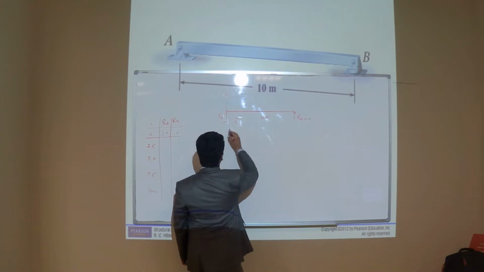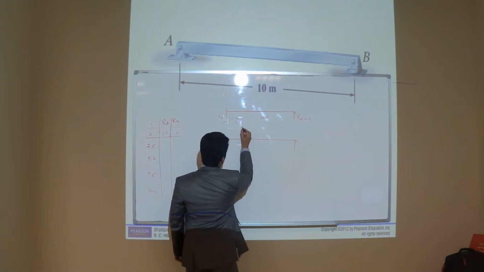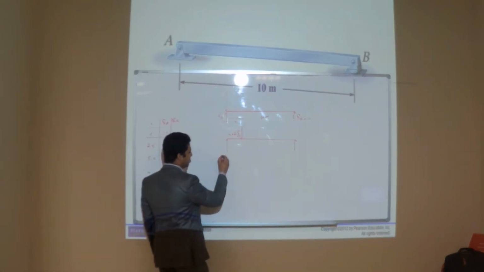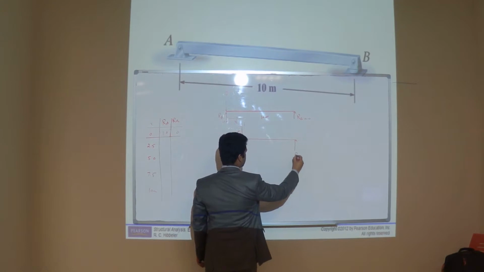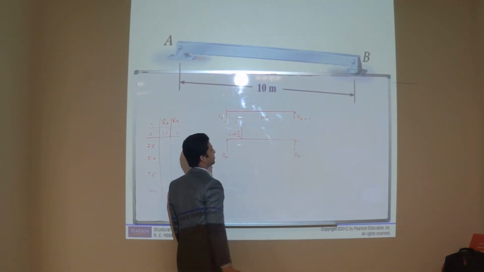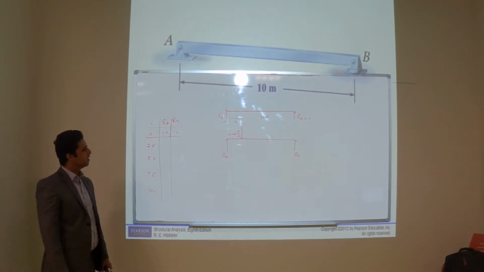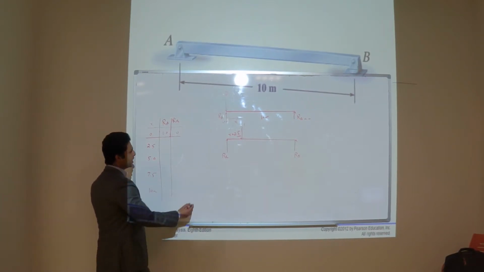In this case, I put the load 1 at x equal to 2.5 meters, and then I calculate RA and RB. 0.75 for A, 0.25 for B. Take moment at point A.